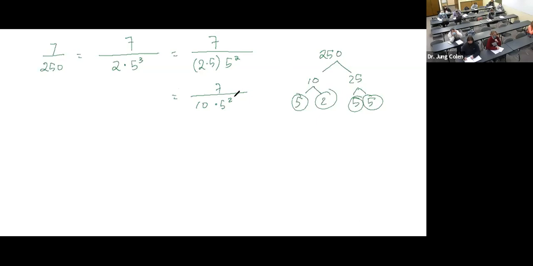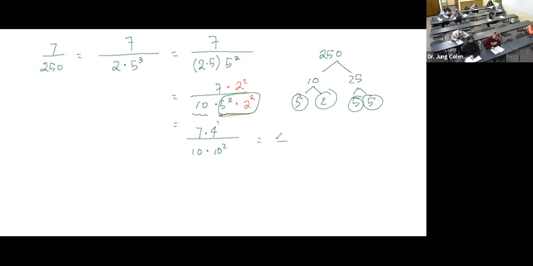We just need to change this to a power of 10 by multiplying this by 2 squared, right? We'll do the same thing. Then we know that this will make 10 squared. So we have 7 times 2 squared, 4, over 10 times 10 squared. This will be 10 squared, right? So we already have 10 and we have another 10 squared.